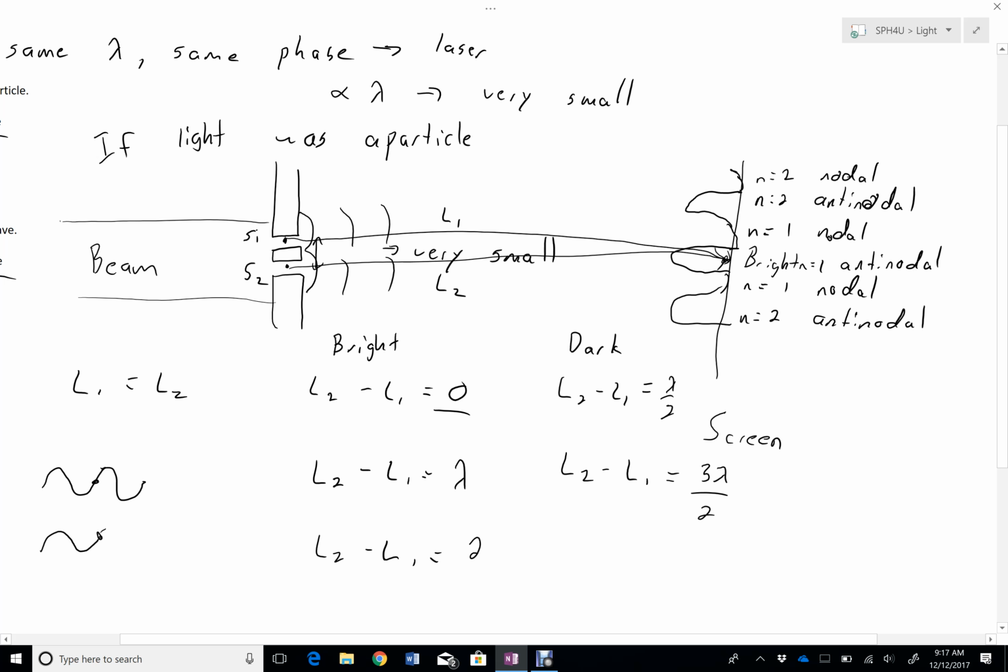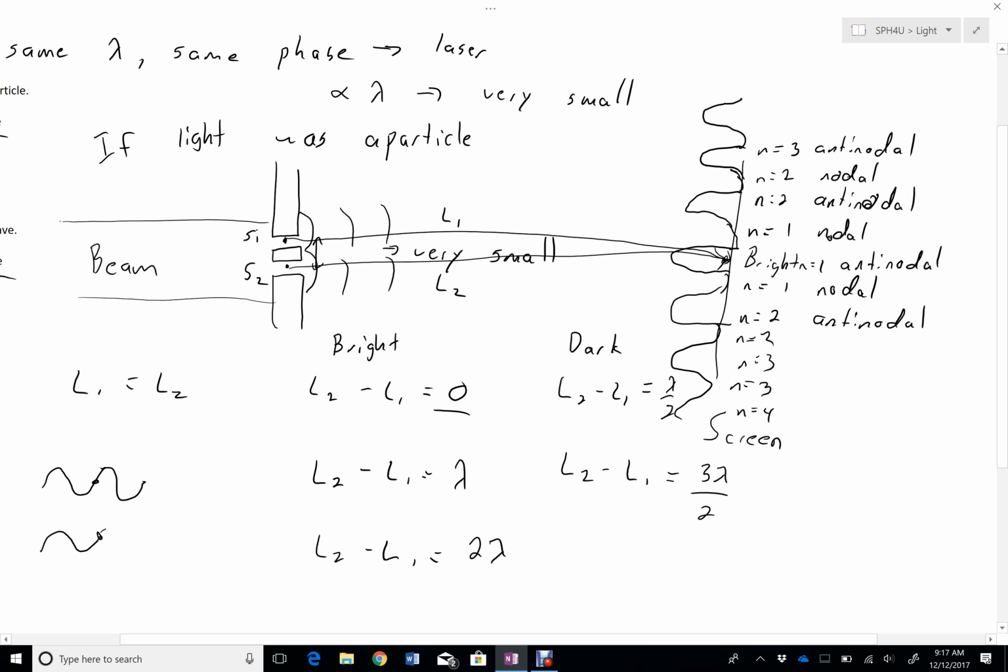Now we get up to 2 wavelengths of difference, and we get another bright spot, the n equals 3 antinodal point. So dark, light, dark, n equals 2, n equals 3, n equals 4, and so on.